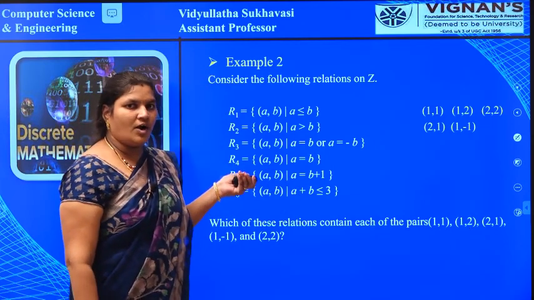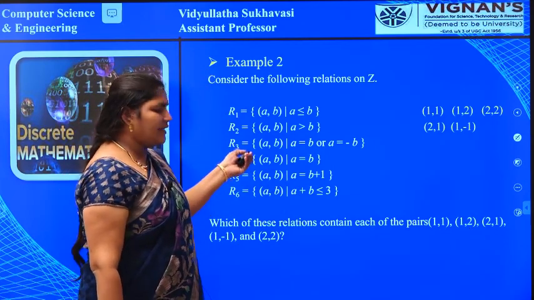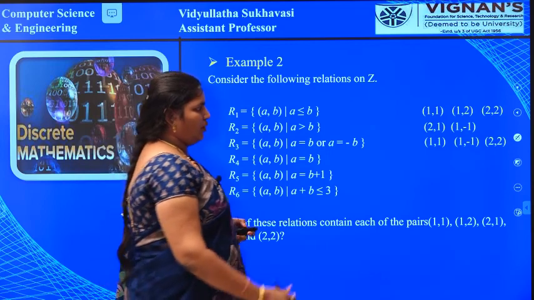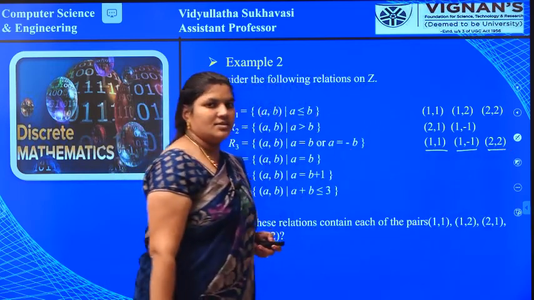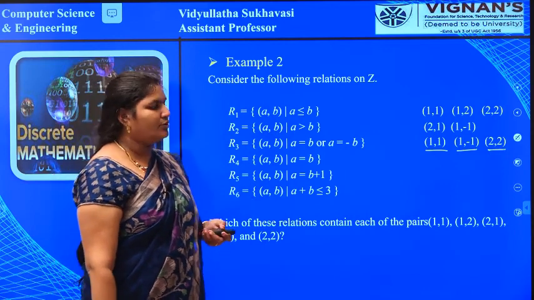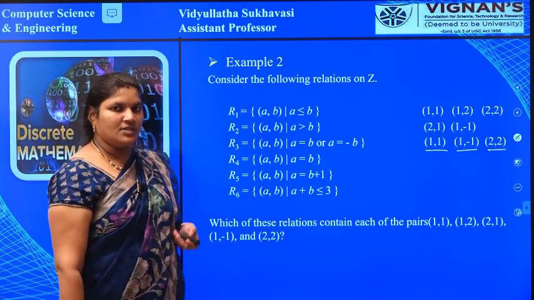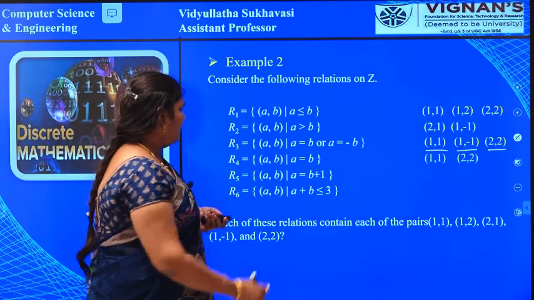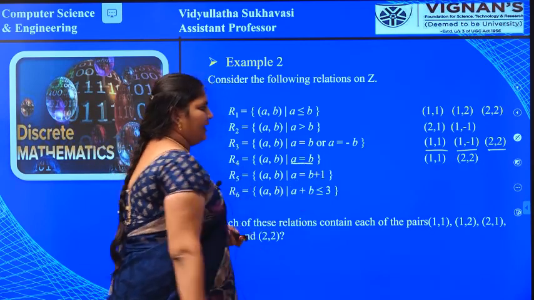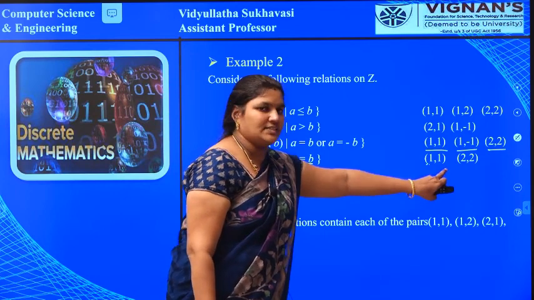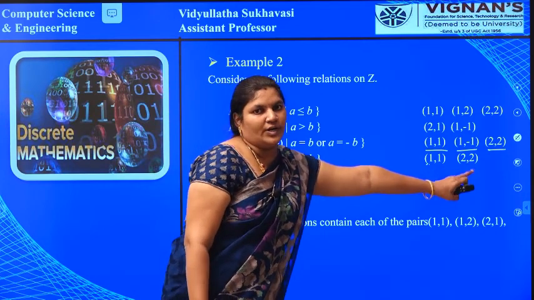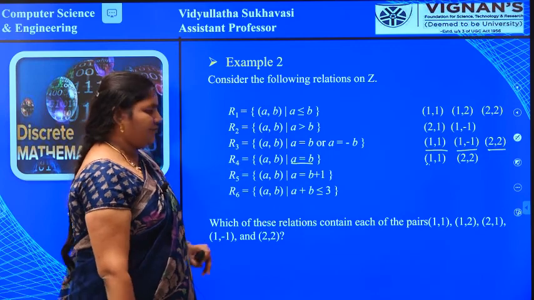Next, what are the ordered pairs which satisfy the relation R3? Only (1,1), (1,-1), (2,2) satisfy the condition, so only those ordered pairs exist in the relation R3. And in R4, the condition is A equal to B, that means only the ordered pairs which have both elements the same exist in the relation R4.